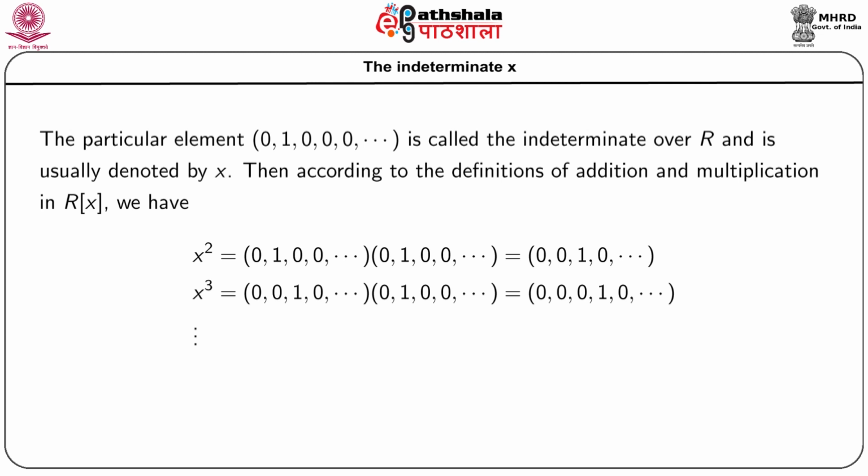Then according to the definitions of addition and multiplication of polynomials over R, we have x squared equal to (0, 0, 1, and so on). x cubed becomes the polynomial whose first 3 terms are 0, the fourth term is 1 and all the rest terms are 0. And similarly, we have x to the power 4, x to the power 5 and so on.